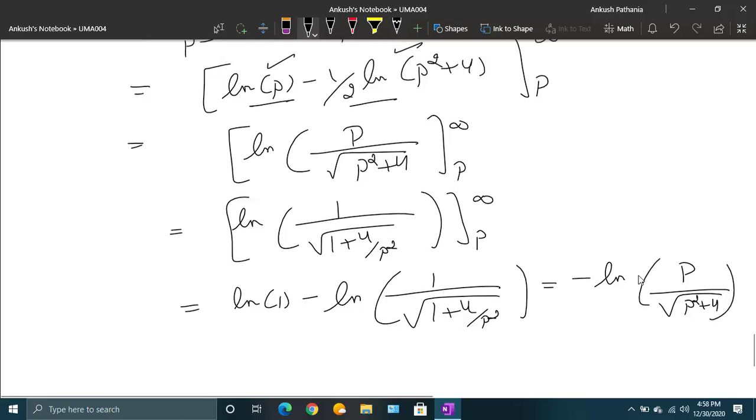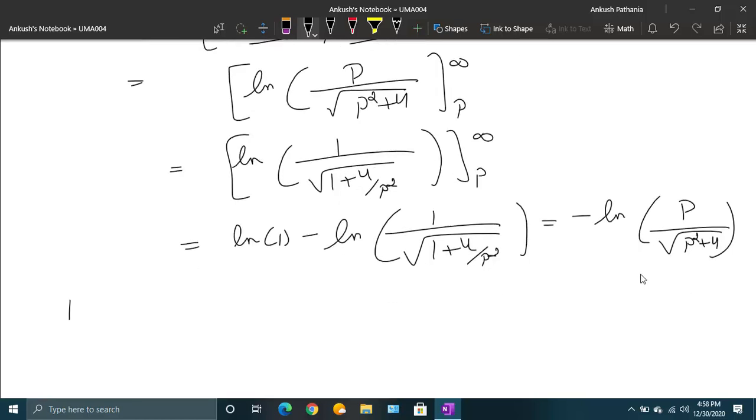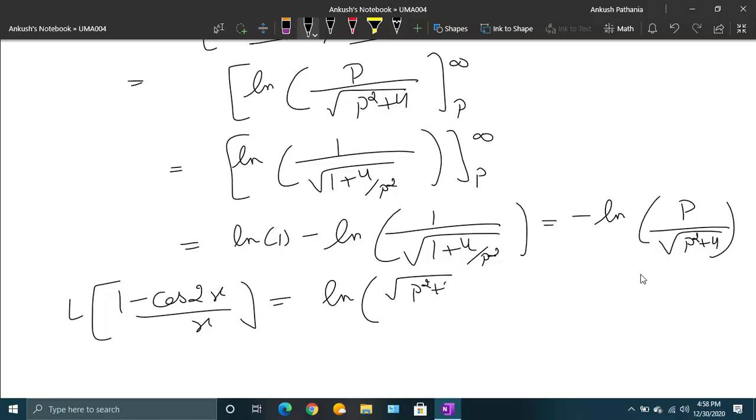So we got the Laplace of 1 minus cos 2x upon x equals ln under root p square plus 4 upon p. We adjust the minus inside, giving ln of under root p square plus 4 upon p. So this is how we usually solve these types of questions related to property number 3.